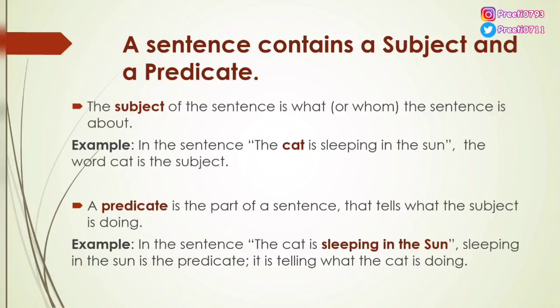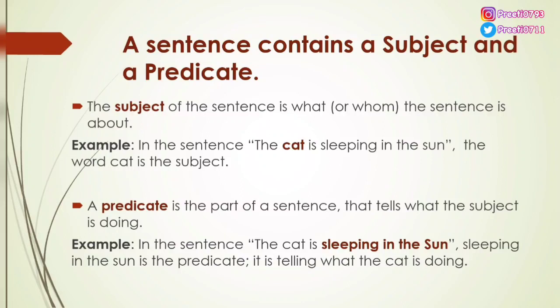For example, in the sentence, the cat is sleeping in the sun, the word cat is the subject. If I ask you who is being talked about here, the answer is very clear: the cat is being talked about. So whosoever is being talked about becomes the subject of the sentence.